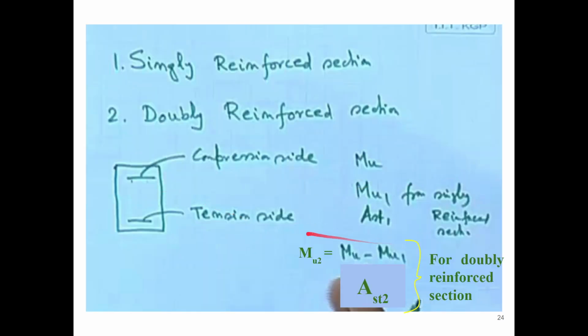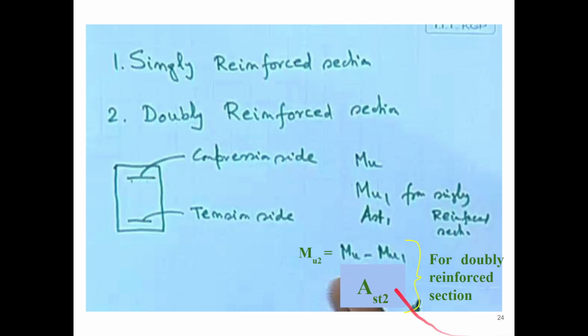Before that, let us briefly go through the doubly reinforced section. We just discussed what a singly reinforced section is. Now we will go through the doubly reinforced section. So what is a doubly reinforced section? Simply put, it has reinforcement in both the tension as well as the compression side. In a singly reinforced section, the reinforcement was provided only in the tension zone, but in a doubly reinforced section, it will be provided in both the compression as well as the tension zone.